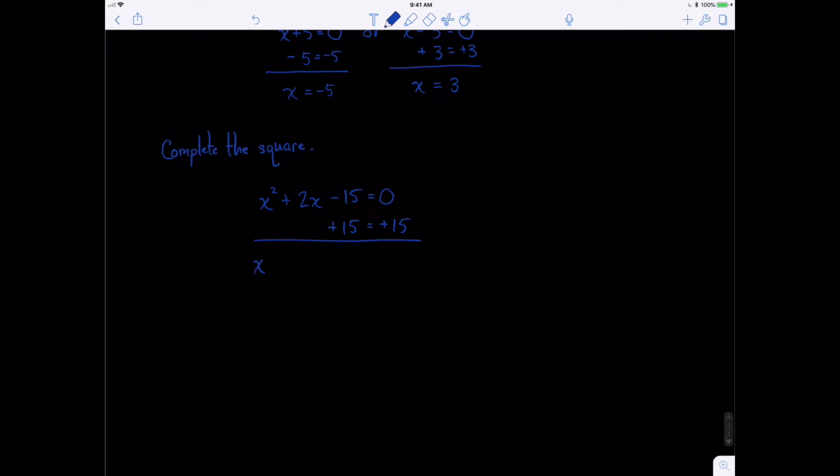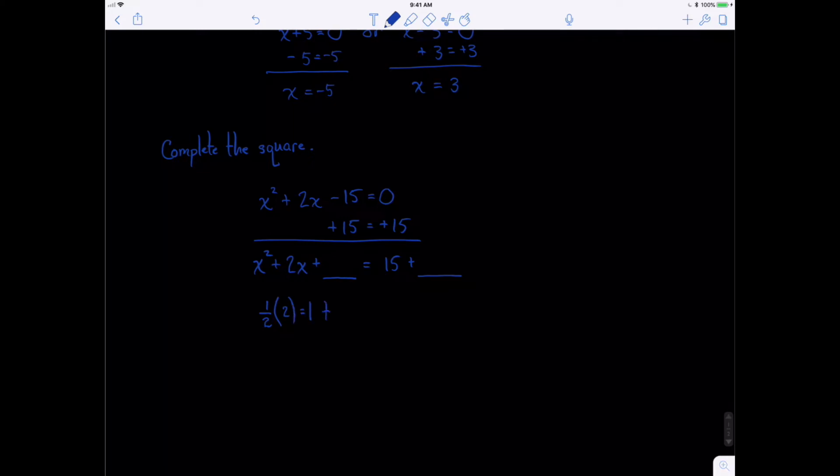So now I have x squared plus 2x equals 15. And now, remember what we want to do is figure out what goes in this slot, and then whatever goes there also goes over here. We do that by taking 1/2 of the number in front of the x. So 1/2 of 2 gives us 1.